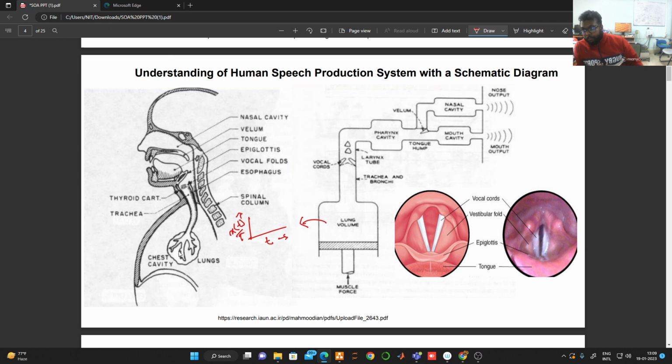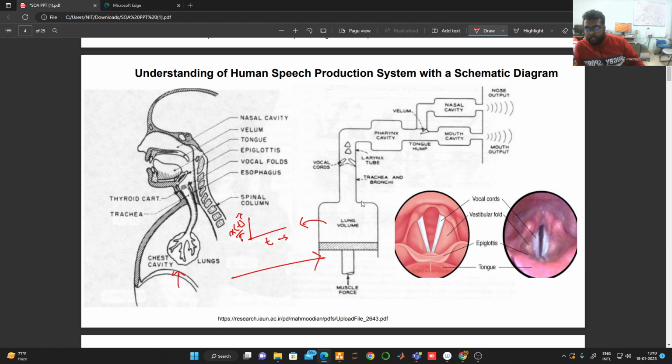The most important part of this speech processing system is our lungs. As you can see over here, it is a schematic overview of the human speech processing system. You can see a large volume of air, and the piston is trying to push all the air, and when the air comes out from this specific part, there are two ways it can go, similar to the human speech production system.